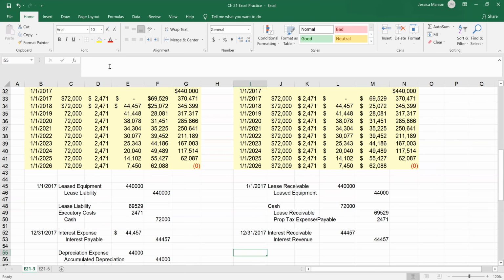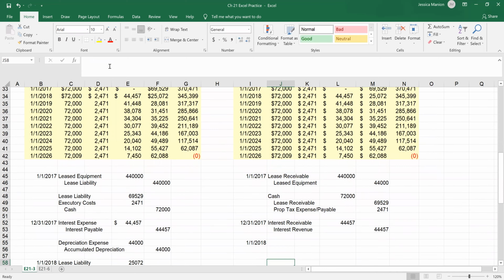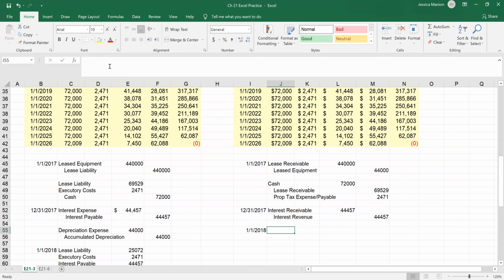And then on January 1, 2018, when we get our next payment from them, we would debit cash 72,000. We would credit lease receivable. And let's hold off on that amount.